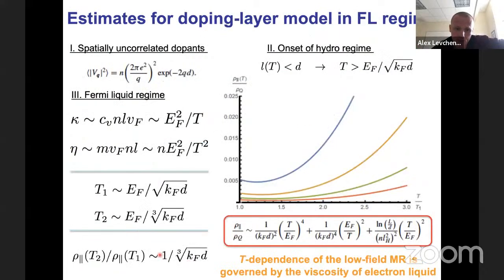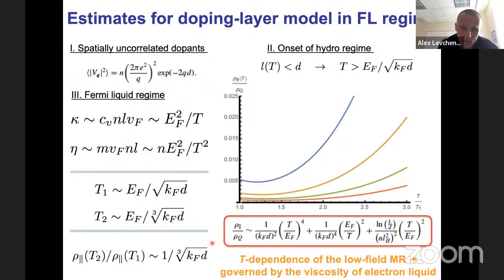Another predictive power is that we can compare the value of the resistance at the peak and the value of the resistance at the minimum. At least for these models, we can say by how much resistance should drop and compare this to experimental data points. At least in those examples for strongly correlated states, it is not far.